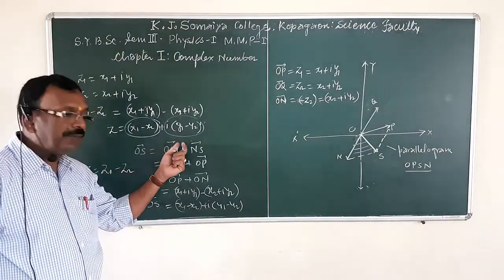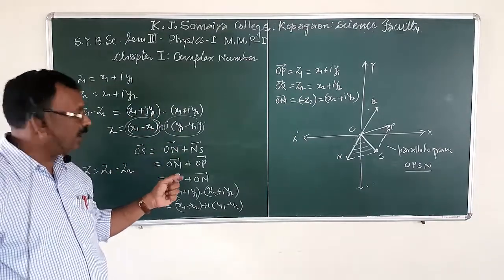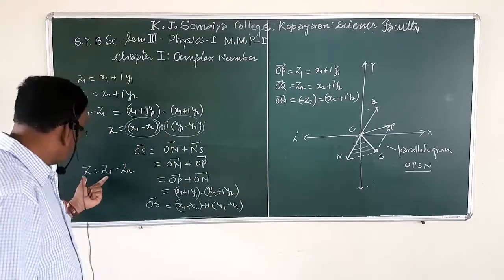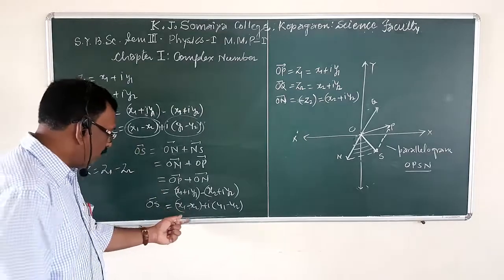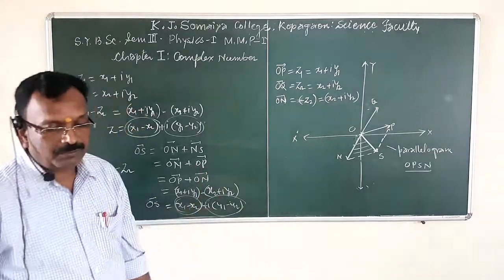That is, when we take the difference of two complex numbers, the resulting z is equal to z1 minus z2, which is also a complex number whose real part is x1 minus x2 and imaginary part is y1 minus y2.